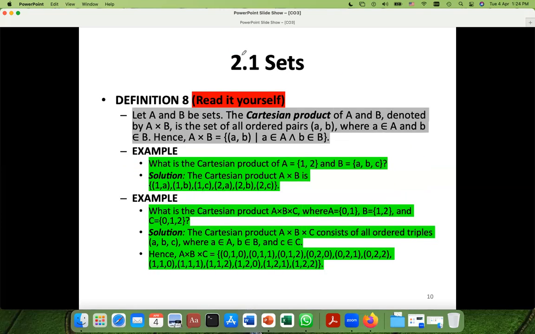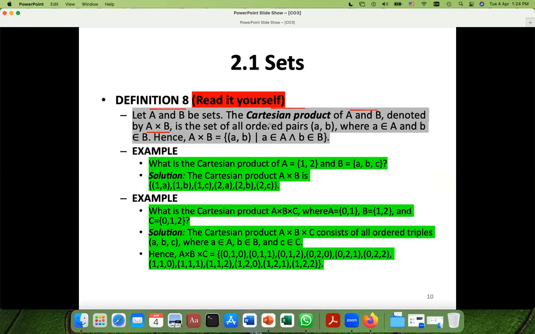Anyhow, moving forward, Cartesian product. What is Cartesian product? It is easy. Cartesian product would be at least between 2 sets. It would not be with 1 set. Yes, you can say set with itself, then it is okay. So if you have 2 sets A and B, the Cartesian product of A and B you can represent like A cross B. And what type of elements would be in this A cross B?